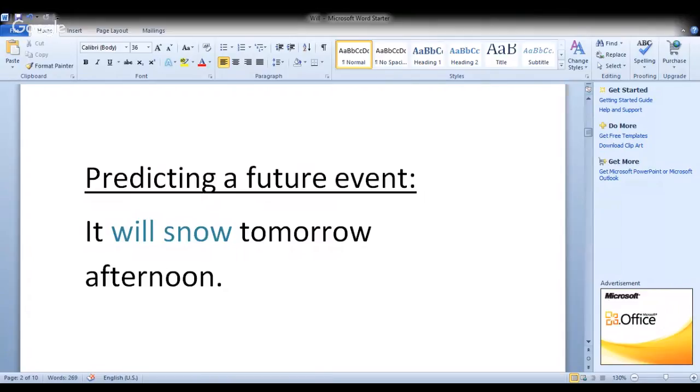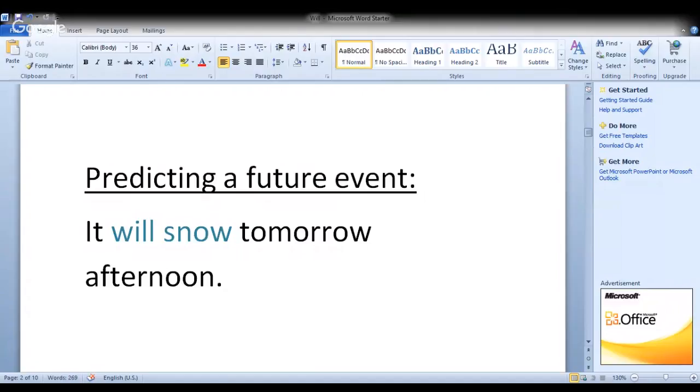And so this is what I was talking about, that will isn't just for the future. Yes, it will snow tomorrow afternoon. It's a future meaning, but you're also predicting. You think it's going to snow because that's what the weatherman said on the Weather Channel. So Ken, I'd like you to think of another example for us in the same context.